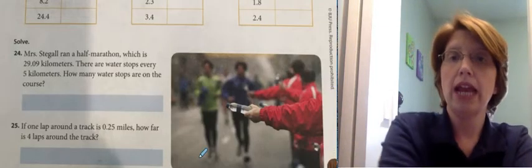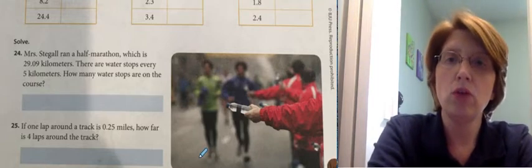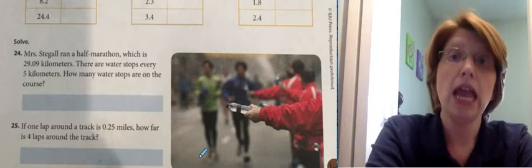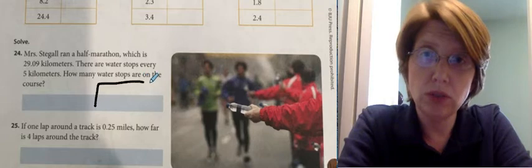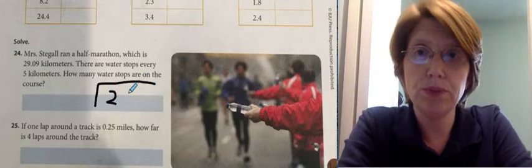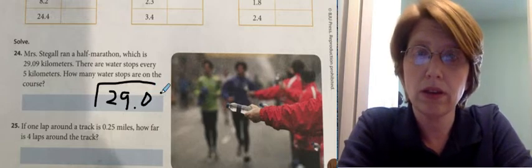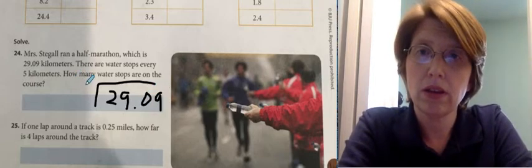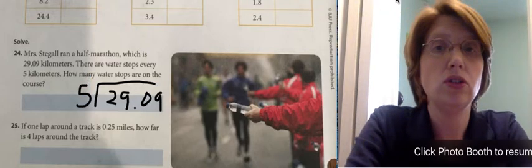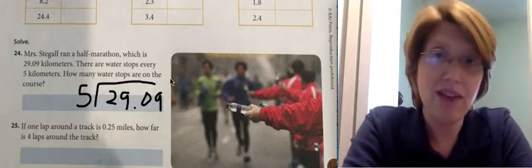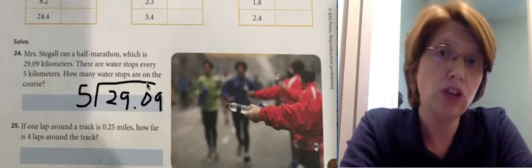Mrs. Stegall ran a half marathon, which is 21.0975 kilometers. There are water stops every 5 kilometers. How many water stops are on the course? Okay, so I am going to split this large number into every 5 kilometers. Now, your answer will have some part to it, but you only see how many water stops are on the course.